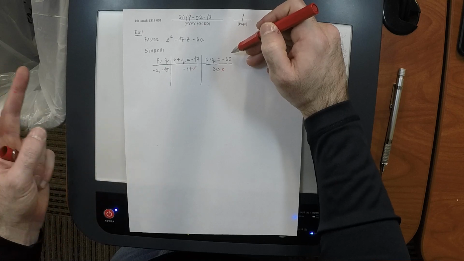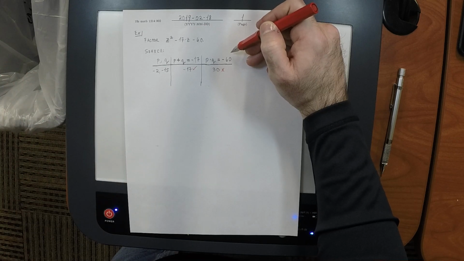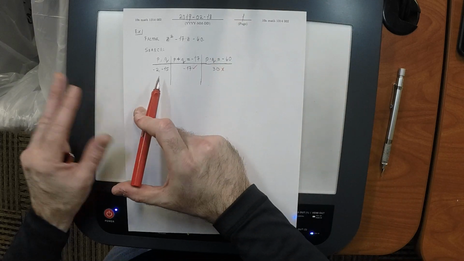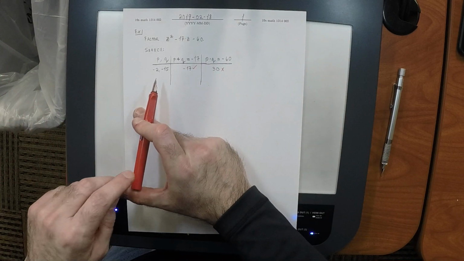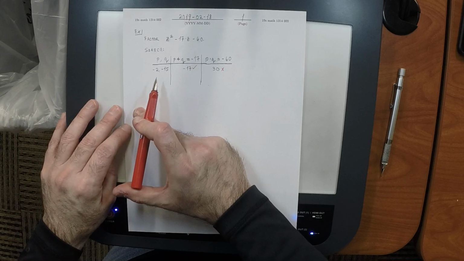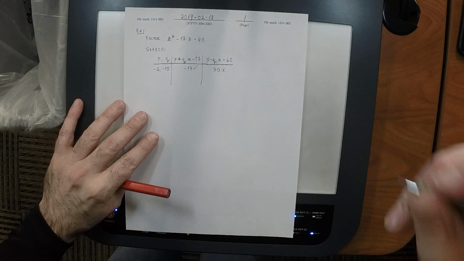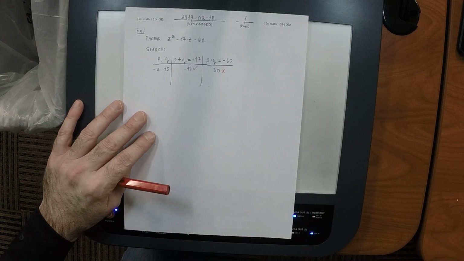And if they were both negative, the product would be positive. So it doesn't make a whole bunch of sense to ask about two negative numbers. Right? Okay. So we're going to need at least one of them to be positive.